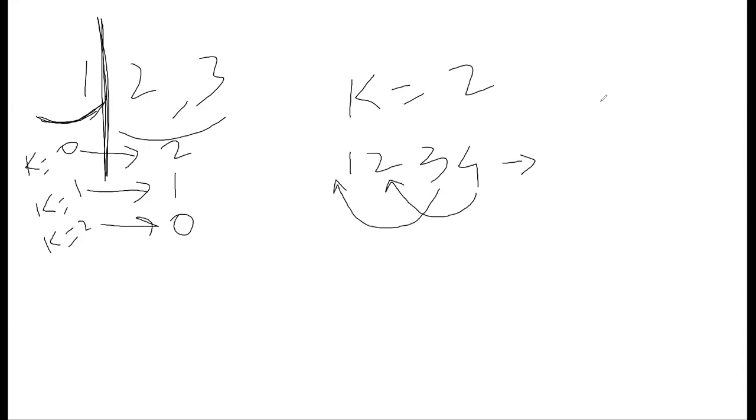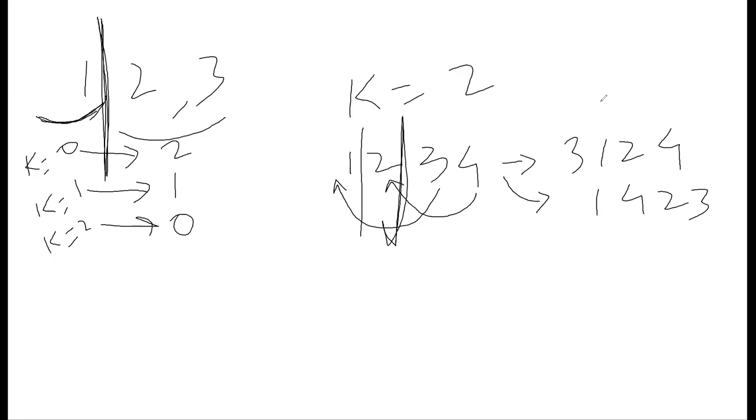This gives me 2 outputs, like 3, 1, 2, 4, and the other one is 1, 4, 2, 3. Then I put a barrier around these numbers, so on one side there will be nothing. So this part becomes n comma k of sorts. In this case, it will be 2 comma 1, and here it will also be 2 comma 1.